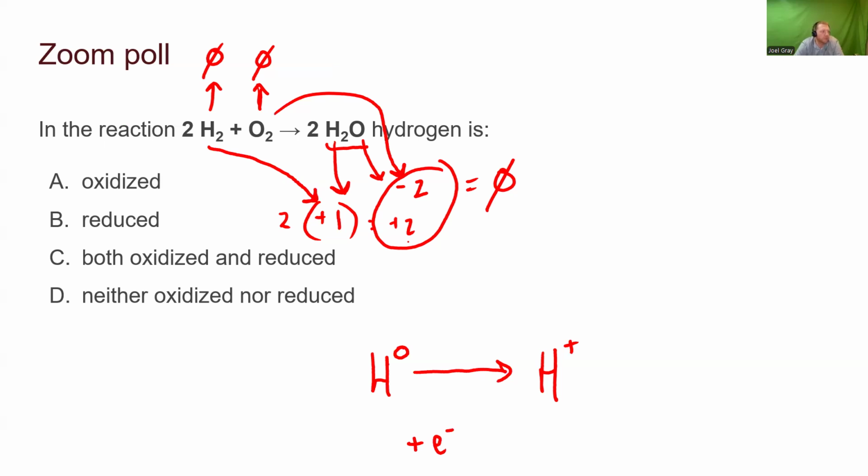Think about this as an equation. This right here is an equation. H0 to H+1. What are we going to do for placing this negatively charged electron? Is it going to go here or is it going to go here?